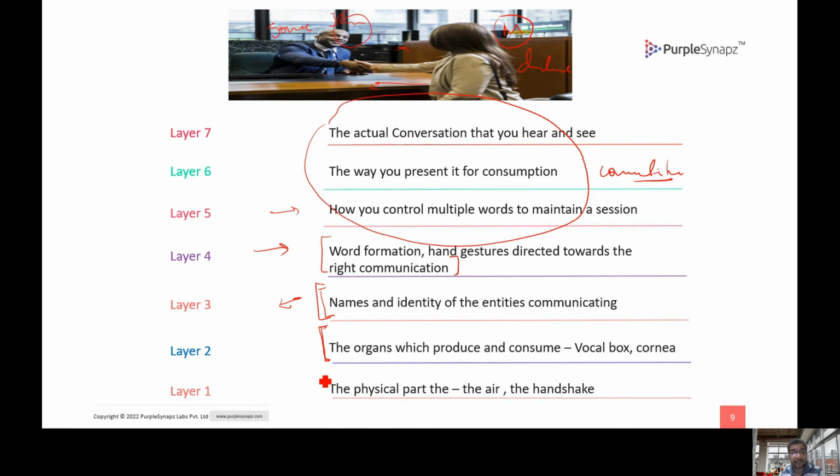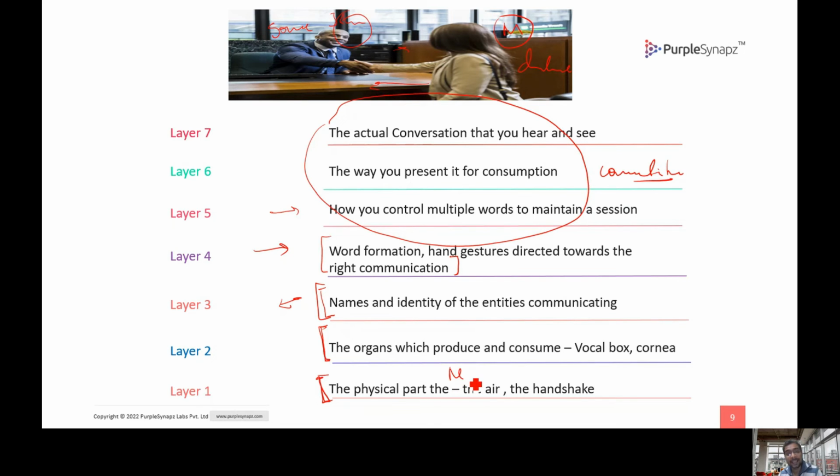And the last, or rather the first layer, is the physical layer itself, which is transmitting the information between these two entities. How are they communicating? They're communicating by their voice, which is going from here to there. What is the medium which is carrying the voice? The air itself. That's the medium.